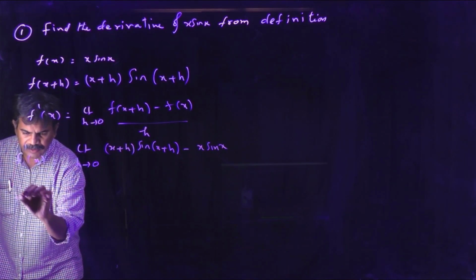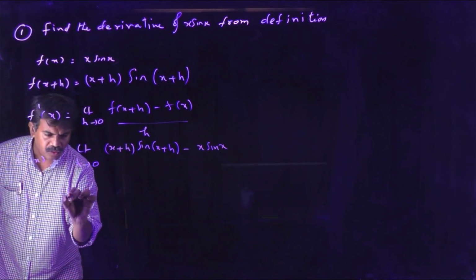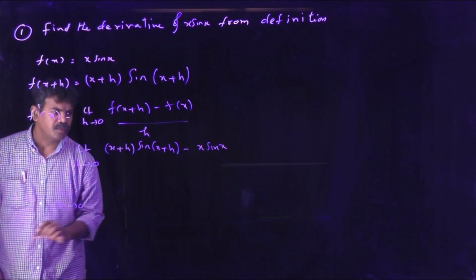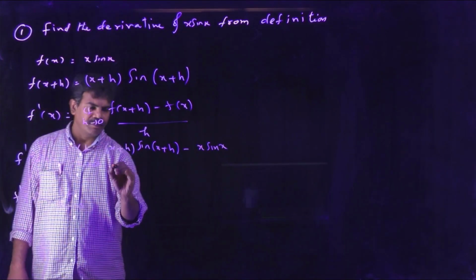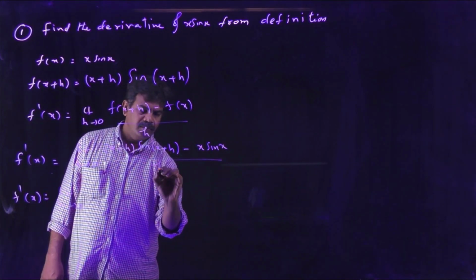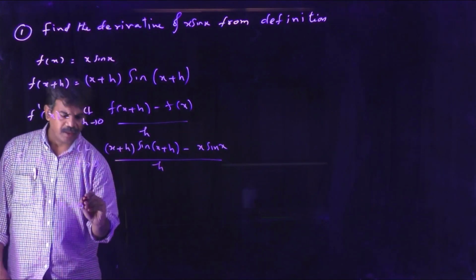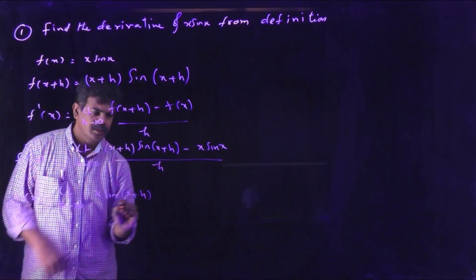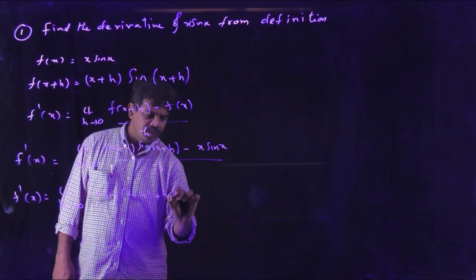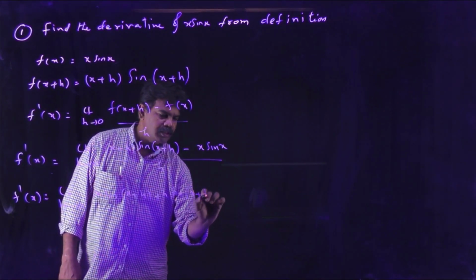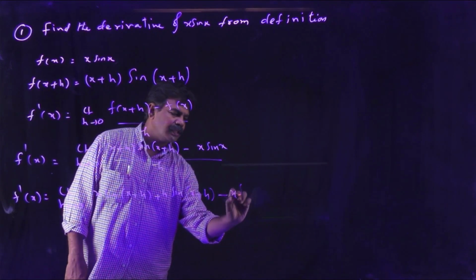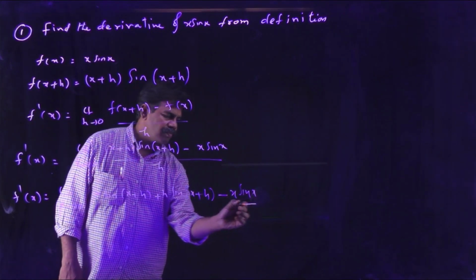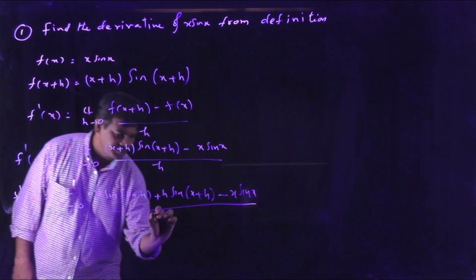So f dash x is equal to limit h tends to 0, by h, x into sin of x plus h plus h into sin of x plus h minus x sin x by h.